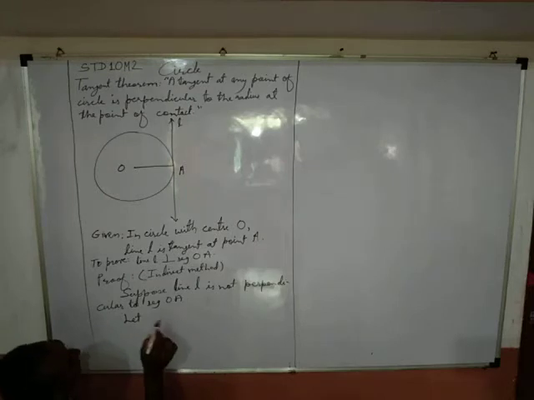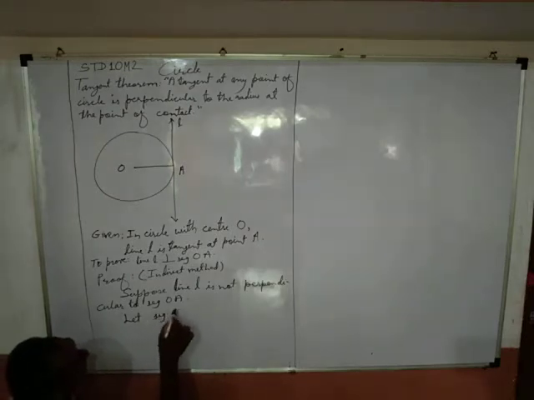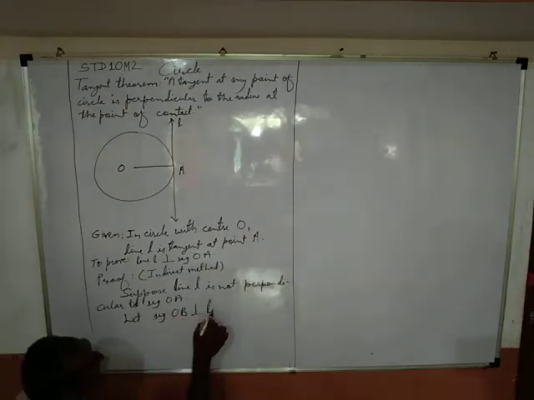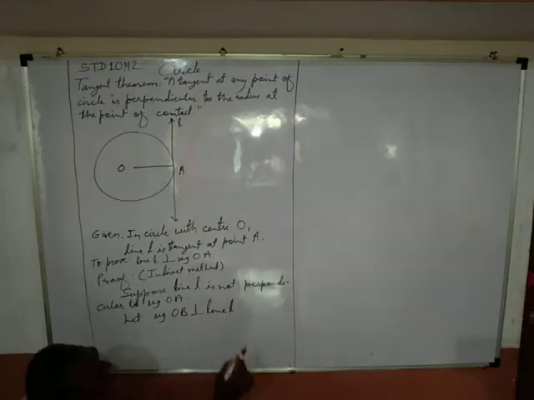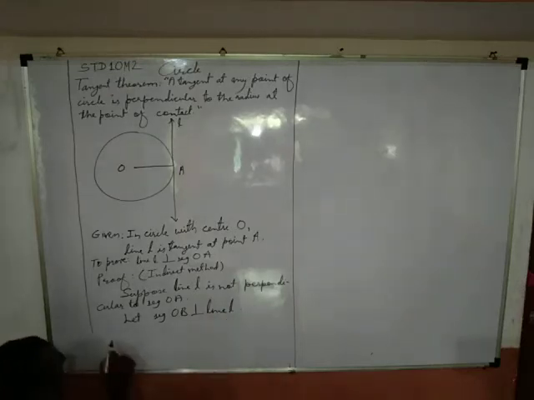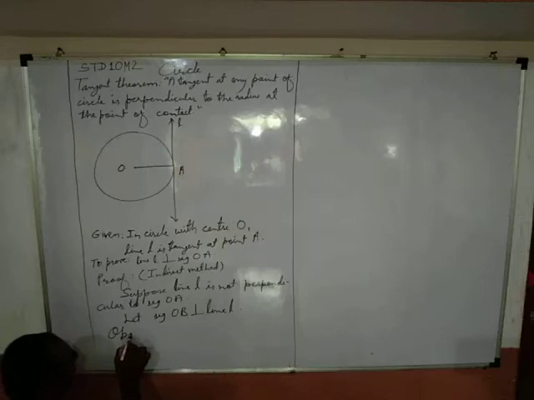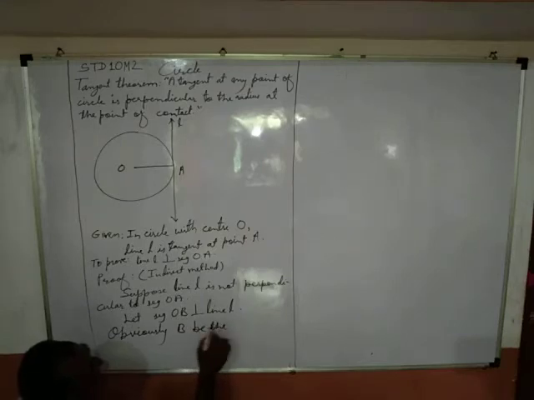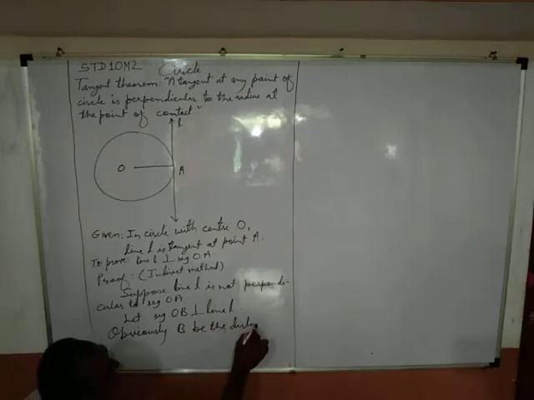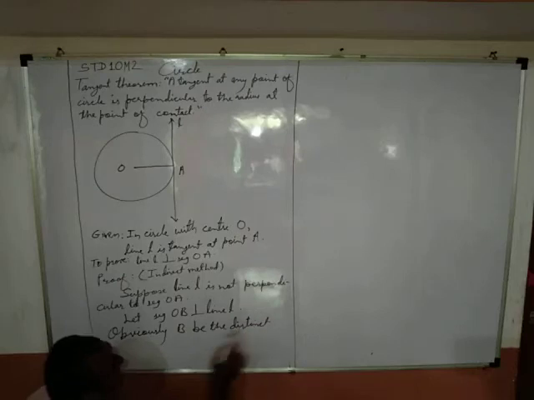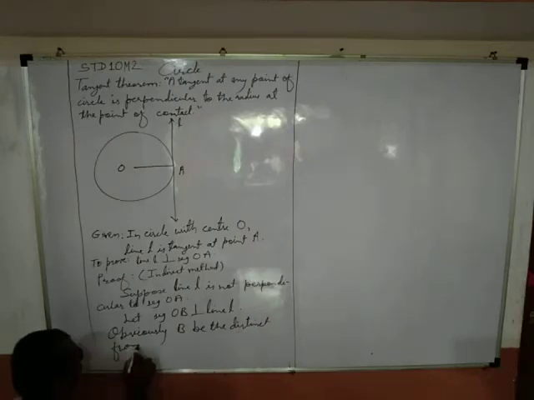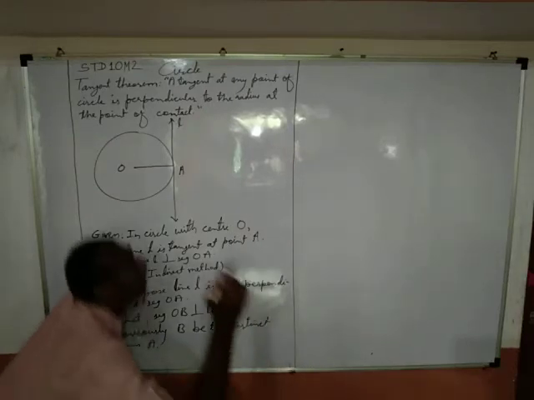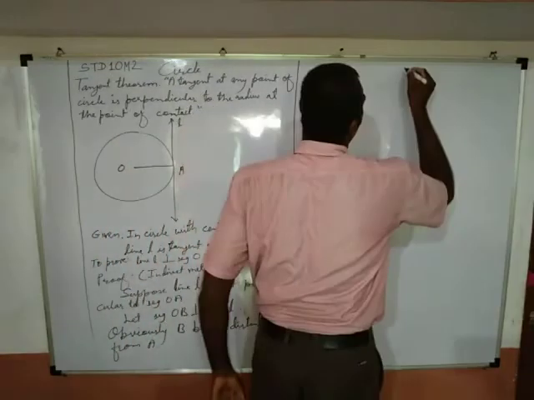Let seg OB be perpendicular to line L, where B is distinct from A. Let's try to draw a diagram.